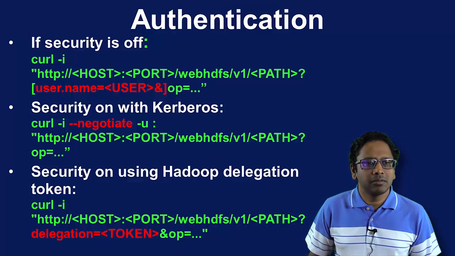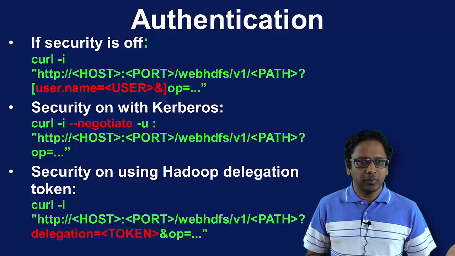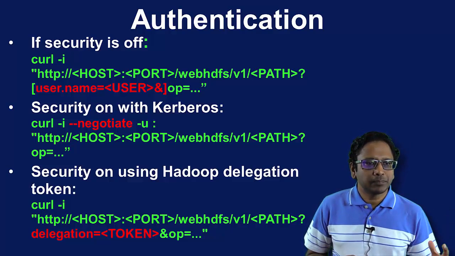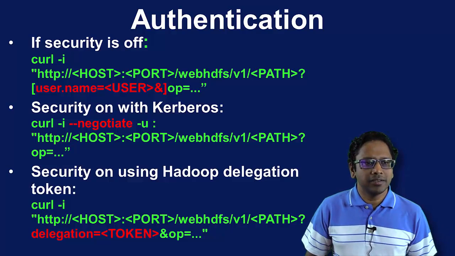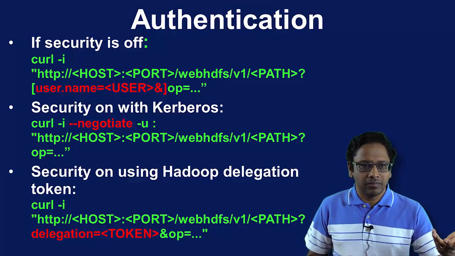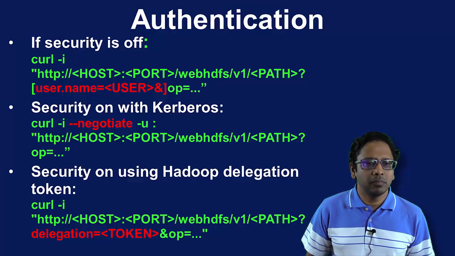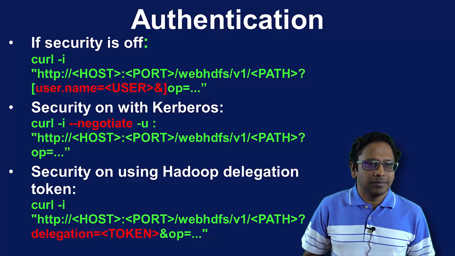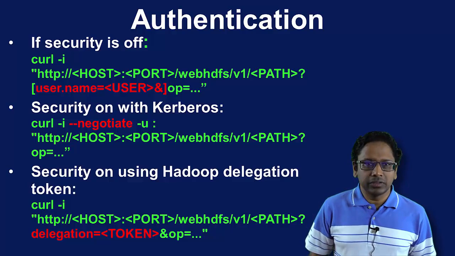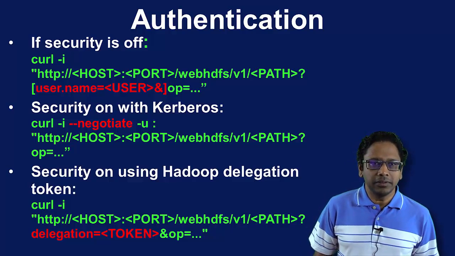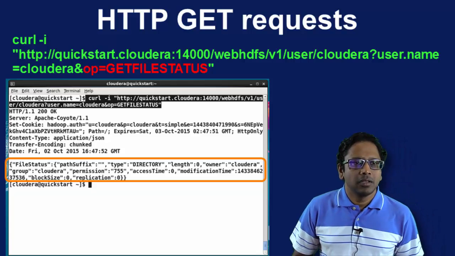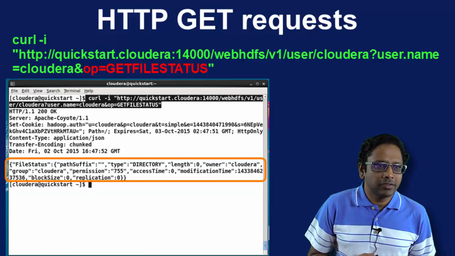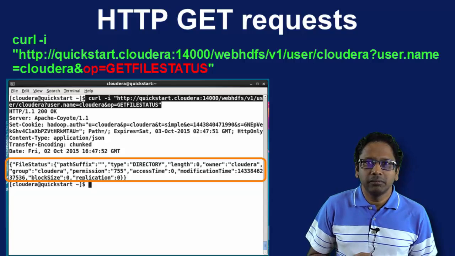You can use Kerberos, which will have a --negotiate option, highlighted in red in this command. And if you're using a delegation option, then you can add that delegation piece into your command. So essentially it's pretty simple to use if things are set up already. In our case, as I said, the authentication is off, so all we are doing is specifying a username.